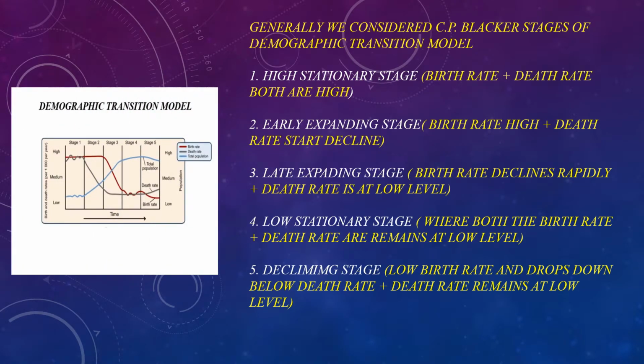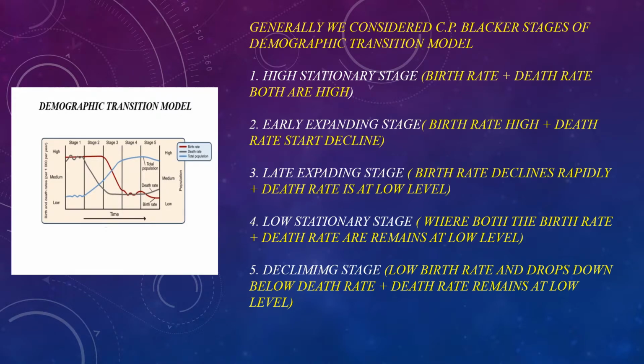This will be clear from this diagram. In the first stage both are high. You can see it from here. In the second stage, the birth rate is still very high, whereas the death rate starts to decline. In the third stage, now the birth rate declines rapidly, whereas the death rate, which is here, is at low level.